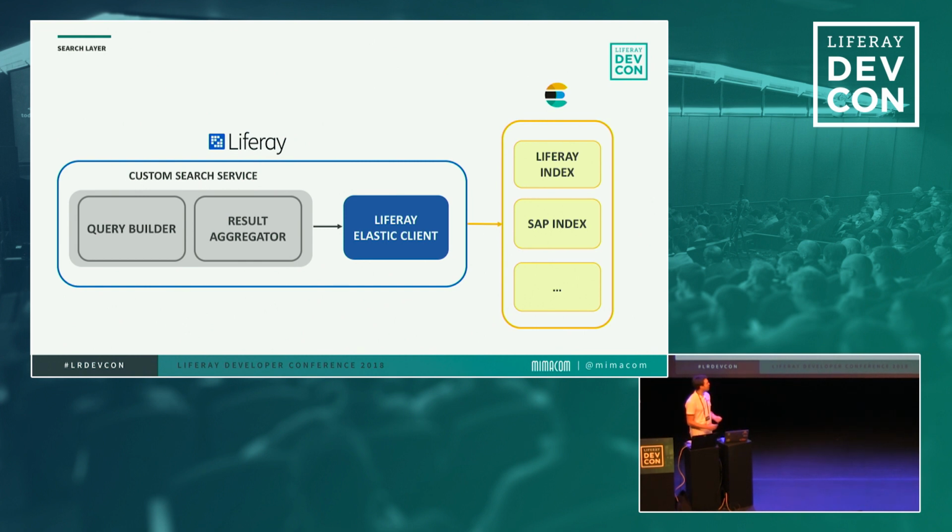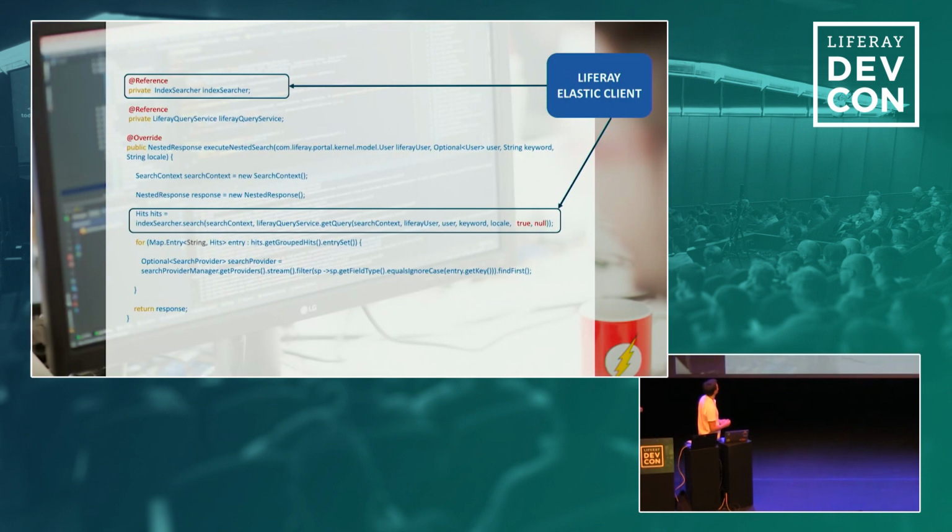So we can show a bit of code for that here. It's a typical search, where in this method we retrieve to the user a nested list of results coming from a lot of different data. As you can see in the highlighted lines, we use the Liferay Elasticsearch client, which is really powerful. In the second line, we have this Liferay query service getQuery, which is the custom method we built to create the query.